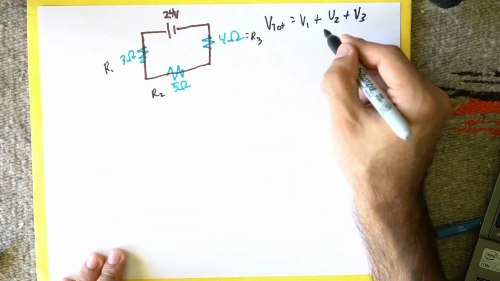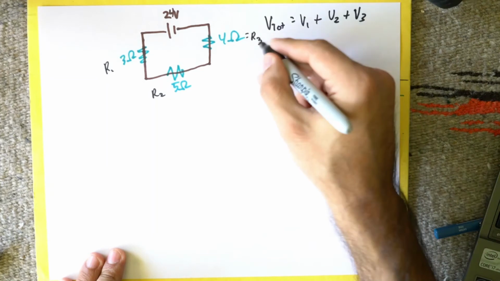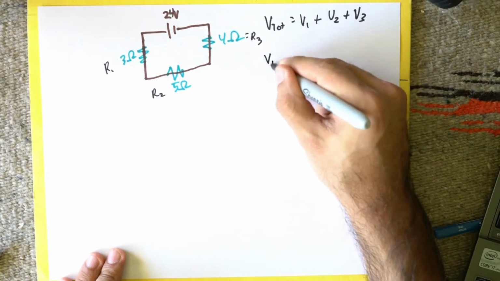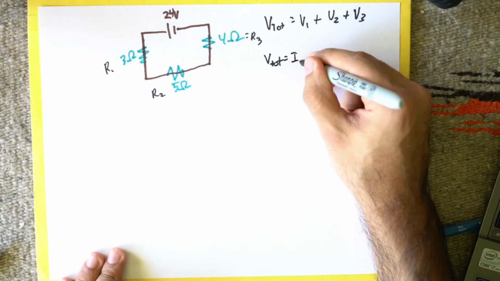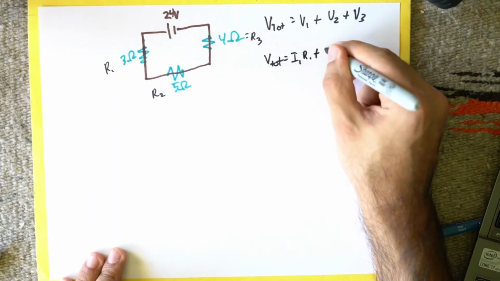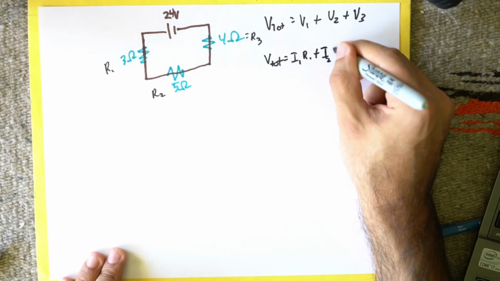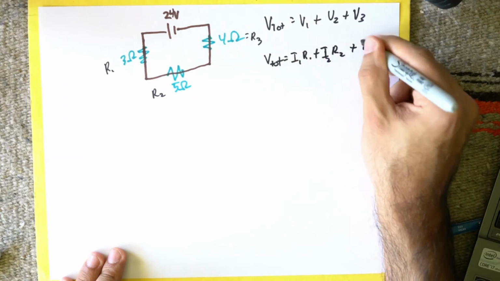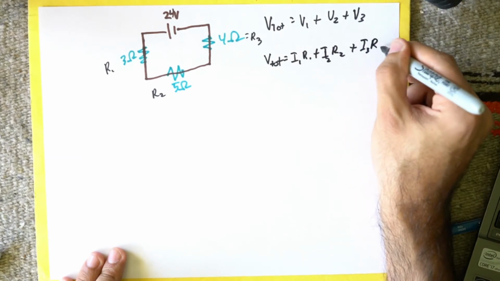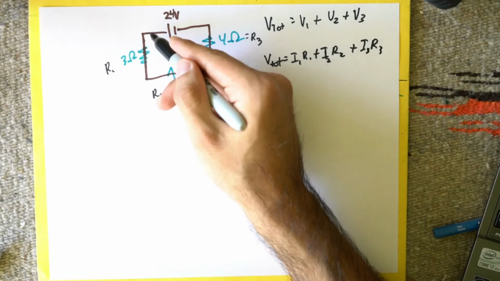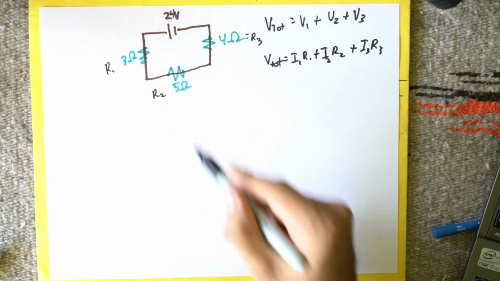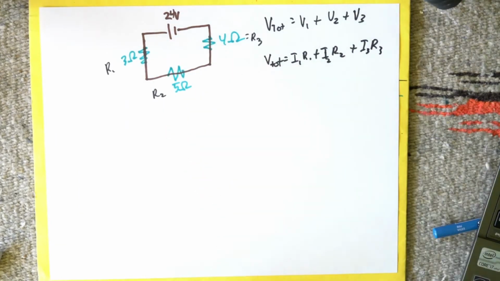So remember the equation V equals IR. Let's just plug that in. So V total equals I1 R1 plus I2 R2 plus I3 R3. However, since there's only one way to go, the current here is going to be the same as the current here, current here, and current right here.